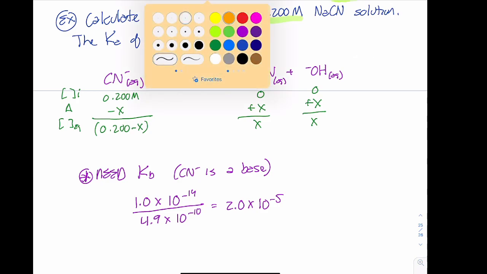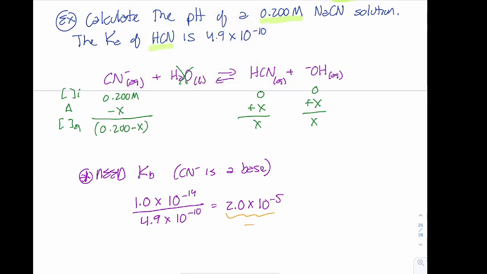It is small, right? It's less than 10 to the negative third, so we're going to use that assumption again, that 0.200 minus x is about equal to 0.200. So when I set up my equilibrium constant expression, instead of writing this in there, I'm just going to write the 0.200.